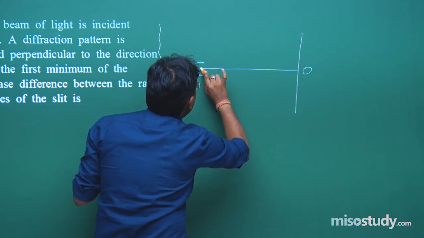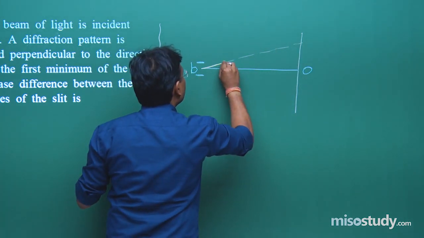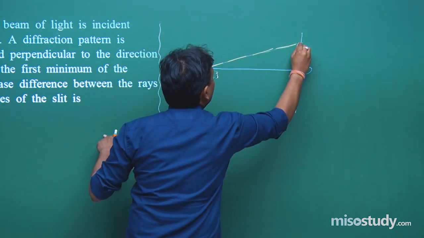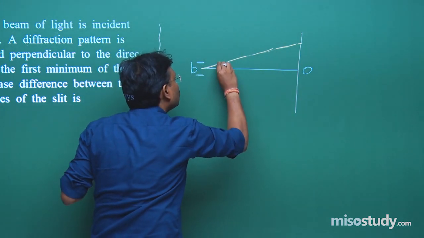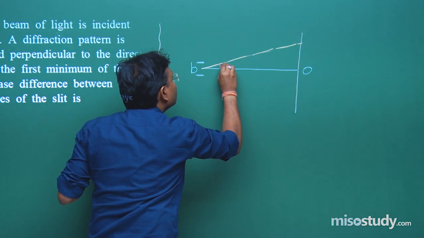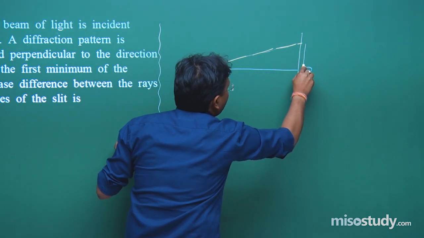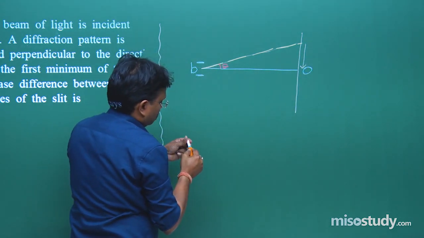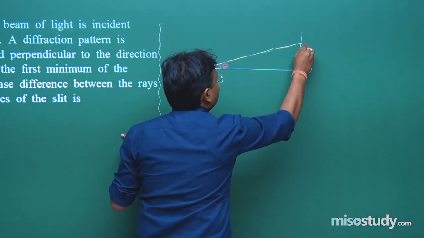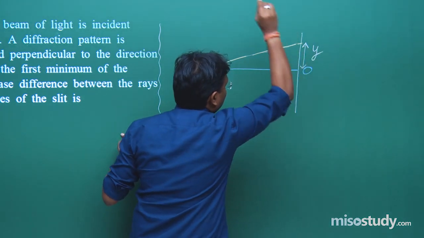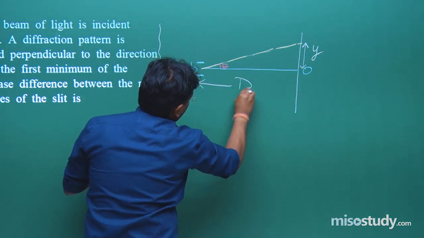The minimum point is like here, and then I am using a red color chalk to show you angle theta. This is angle theta, and this value is y, okay, and this O to B is what? D.